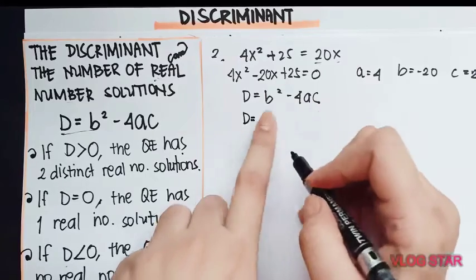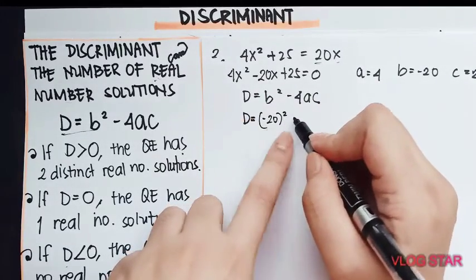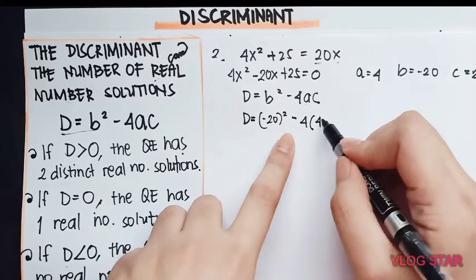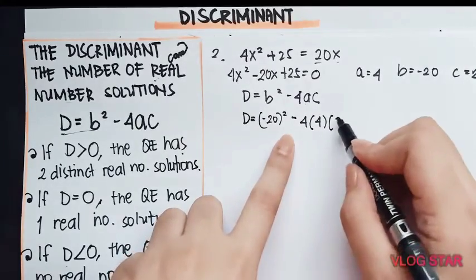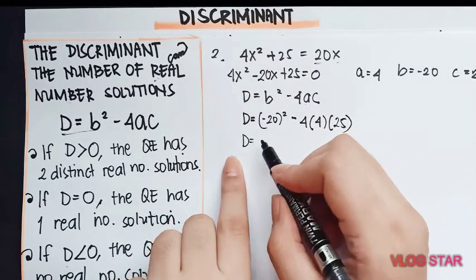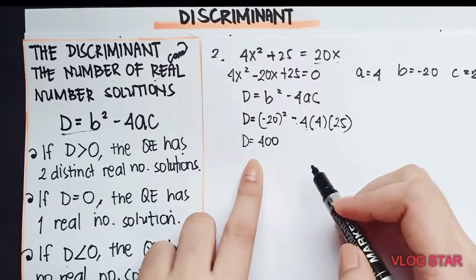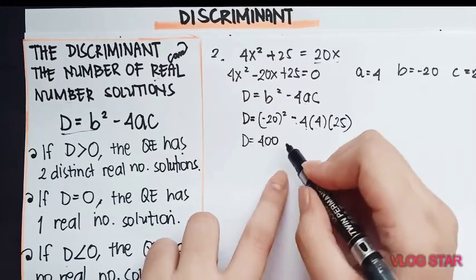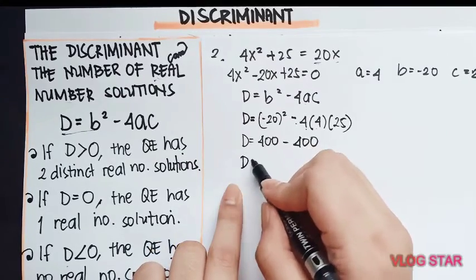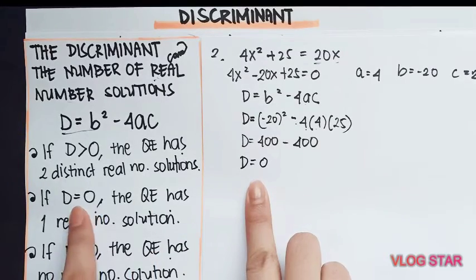So we're going to have discriminant equals b, which is negative 20 squared, minus 4a, which is 4, c, which is 25. So the discriminant is the square of negative 20, which is 400. Negative 4 times 4 is negative 16, times 25 is negative 400. Subtract. So the discriminant is 0. So it will fall on the second condition.